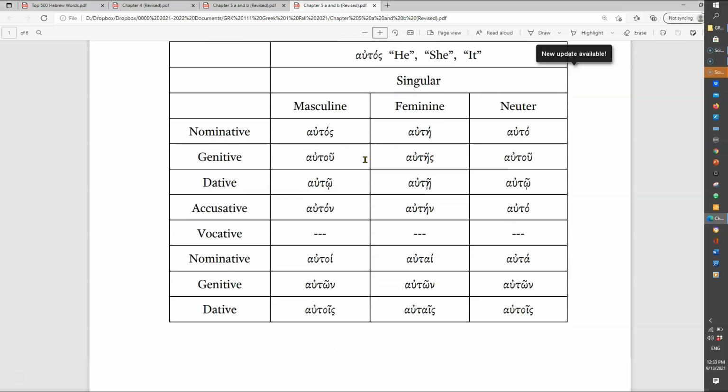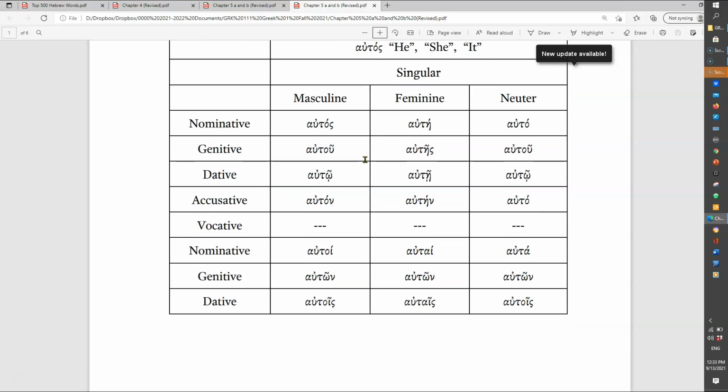And look at all those crazy new endings we have to memorize. Os, ou, o, on, e, oi, on, ois, ous, ois, a, as, a, ein, a, ai, on, ais, as, a, ou, o, on, ois, a. Those are exactly the same endings as the definite article. Hey, so if you know the definite article, yeah. And remember how that strange person came in here and said, you've got to memorize these first.